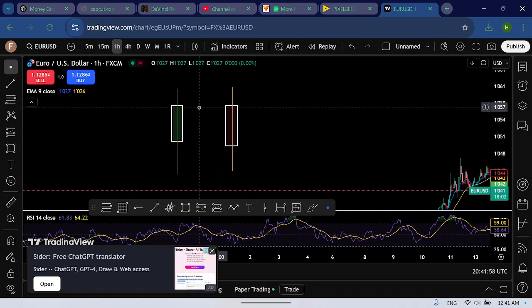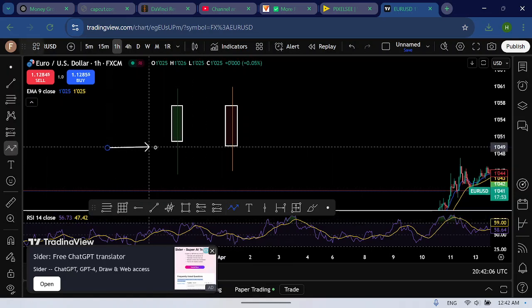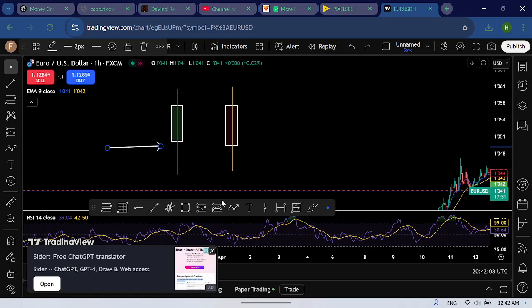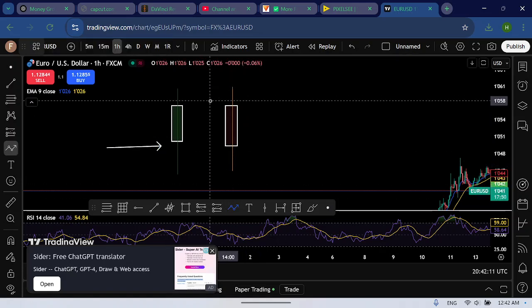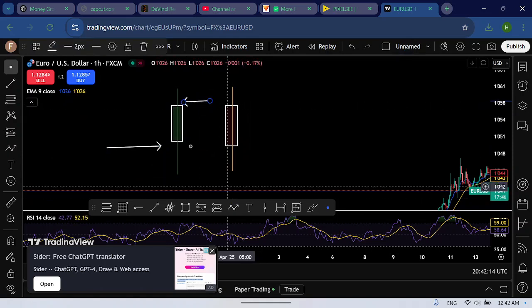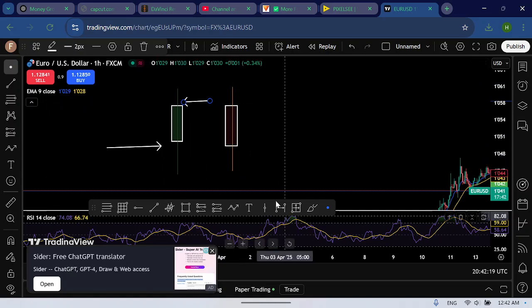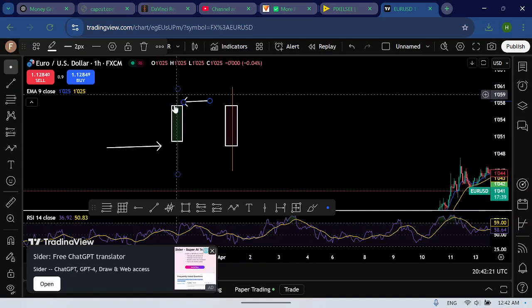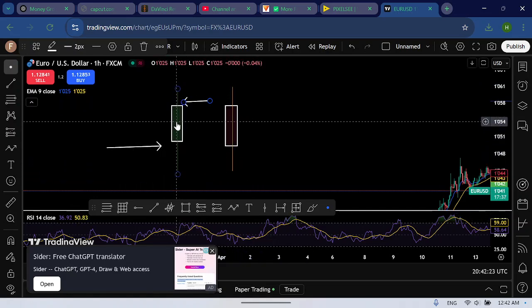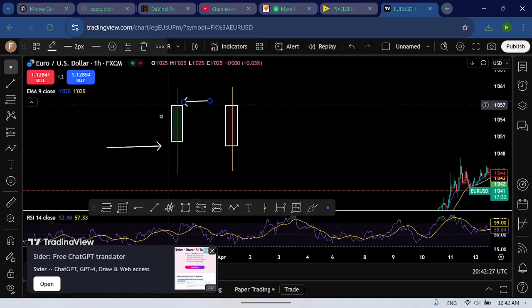In a green candle, the opening is right here, and the closing is right here. And this line, the outside line, is called a wick. As you can see in this example, it's in the middle.